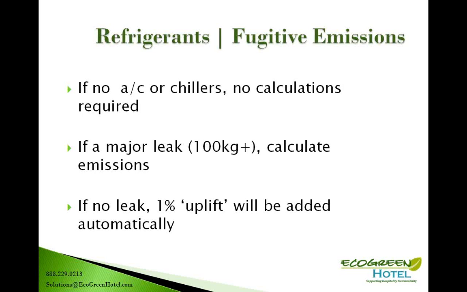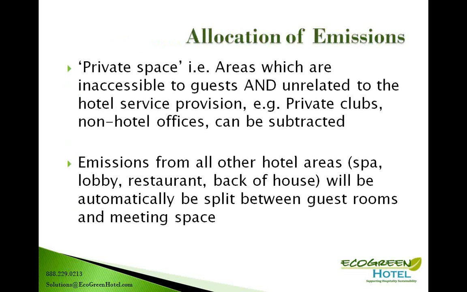So 1% of your overall footprint will be uplifted, so to speak, to account for leaks, because generally you're going to have some small leaks in the system, particularly during maintenance periods as well. So that's why that is included, but it's calculated automatically in the Excel spreadsheet.